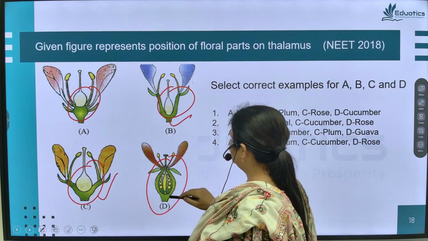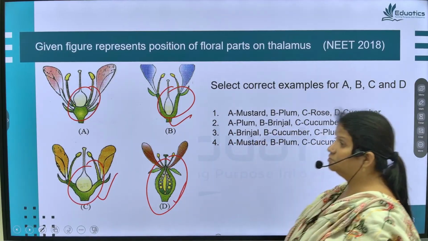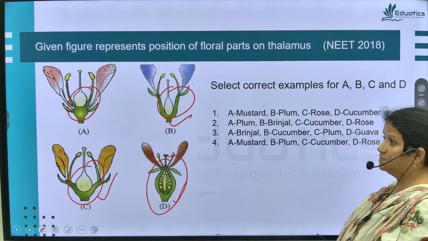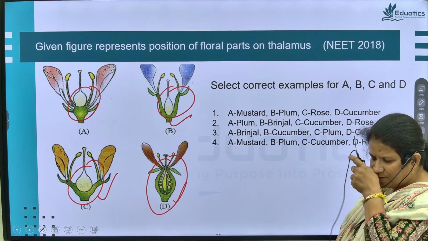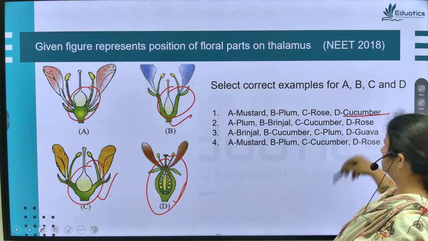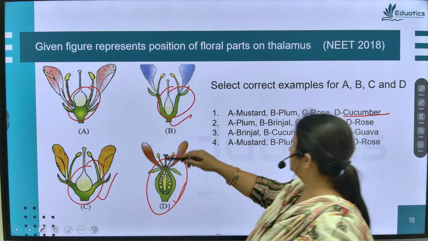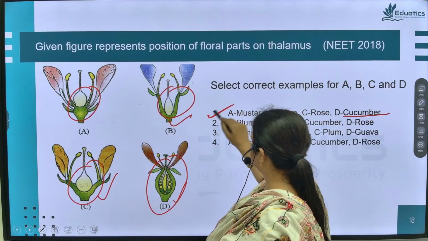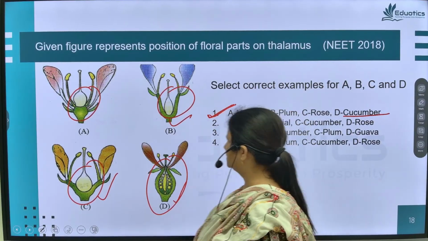And this inferior ovary is found only in your syllabus in the ray florets of the sunflower family as well as in the cucumber. And superior ovary is present in the mustard, so option A will be the correct option.